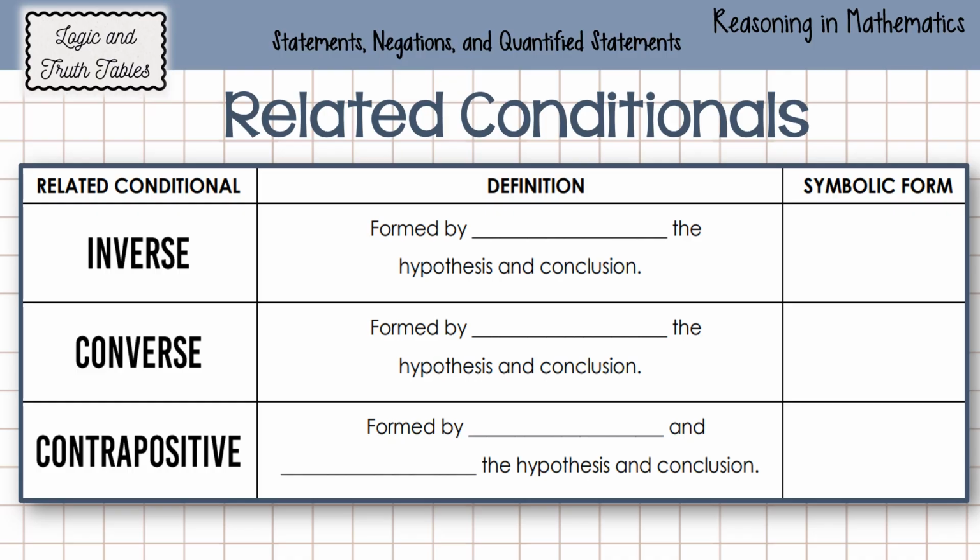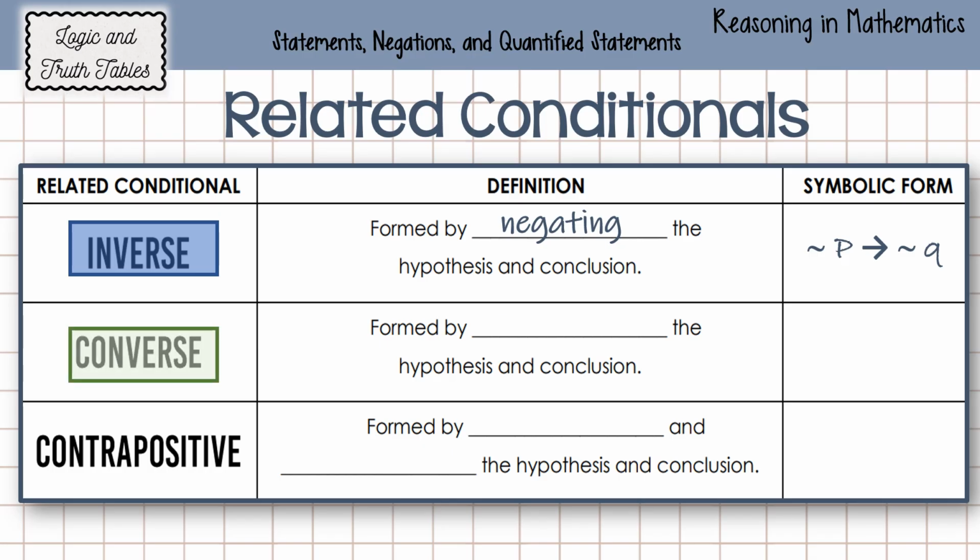Related conditionals, and we'll do more with these later, just threw them in. Inverse is formed by negating the hypothesis and conclusion. So it's not P implies not Q, and we'll do more with implies later on in the next lesson.